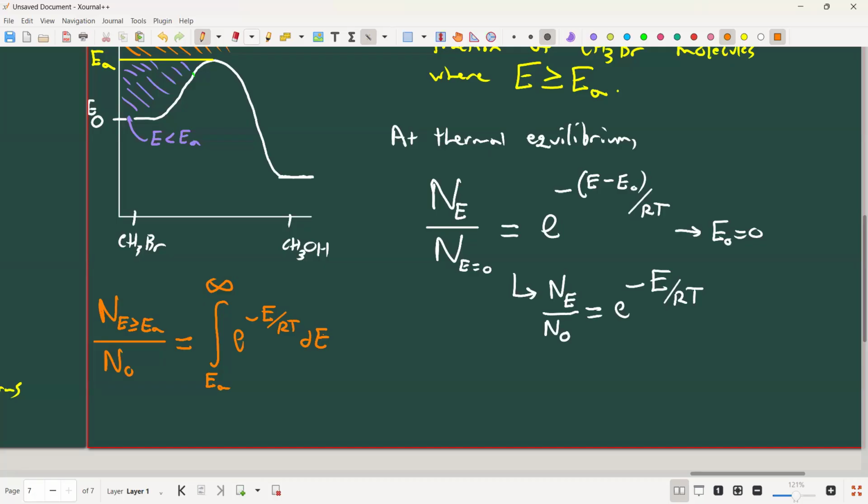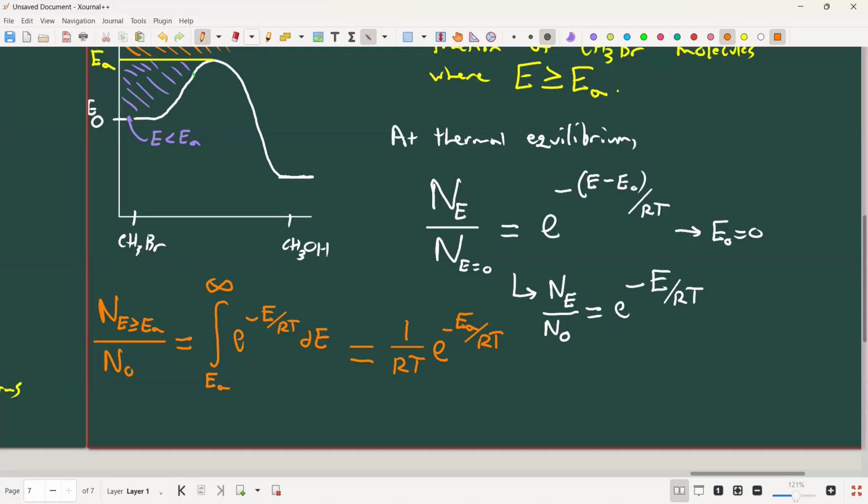And so we're left with 1 over RT times e to the minus E sub A over RT. So the number of molecules with E sub A or greater is proportional to e to that energy divided by RT. This gives us the fraction of molecules that are reactive. When the reaction starts, this is how many molecules are ready to go.